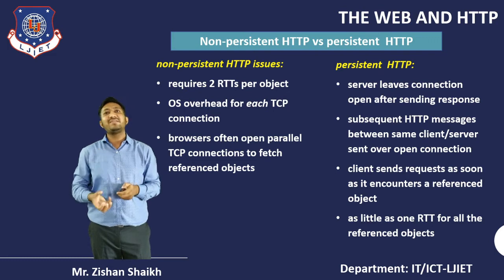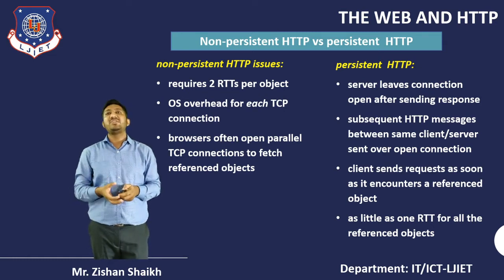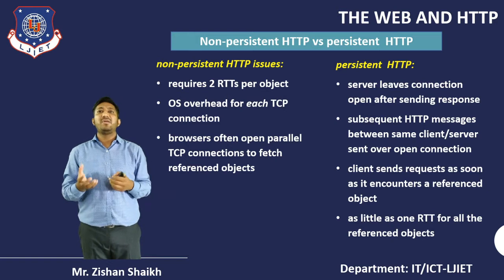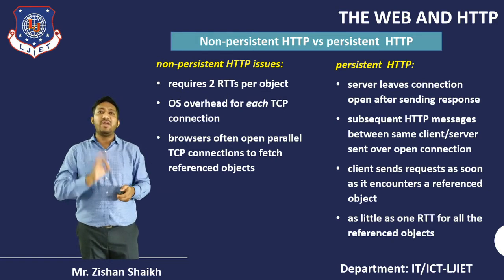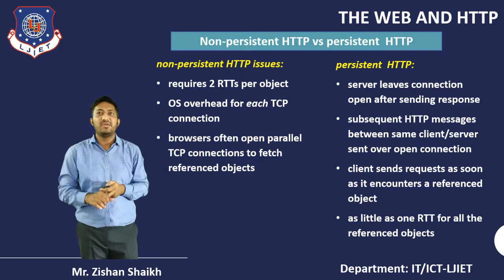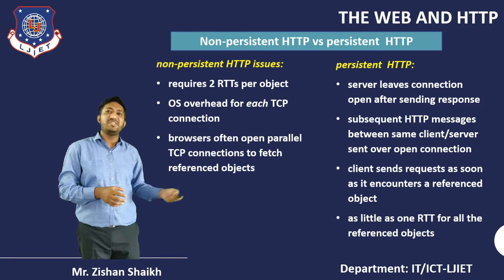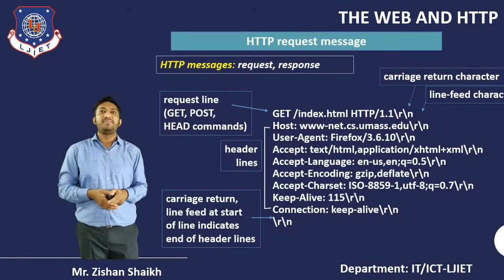It takes lesser time; a minimum of 60 to 70% of the time is reduced by persistent HTTP. Different HTTP versions have been introduced, and by default the HTTP 1.1 version provides persistent HTTP. So the time consumed by non-persistent HTTP is totally removed.